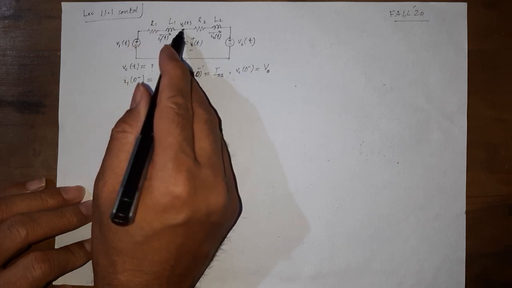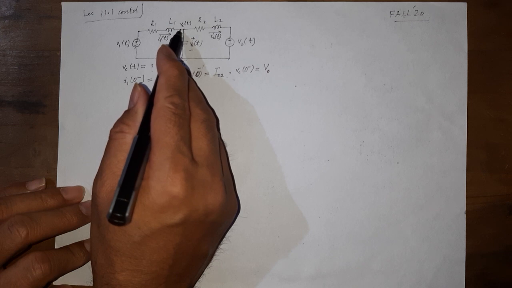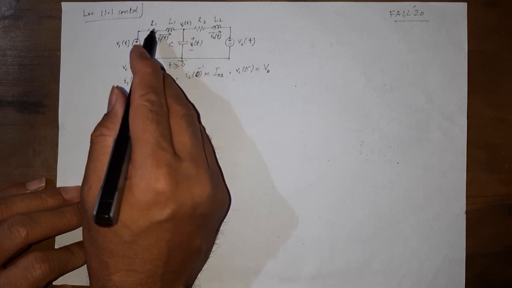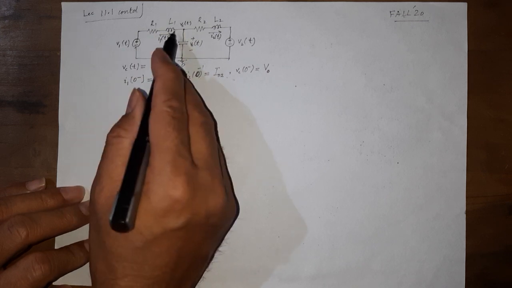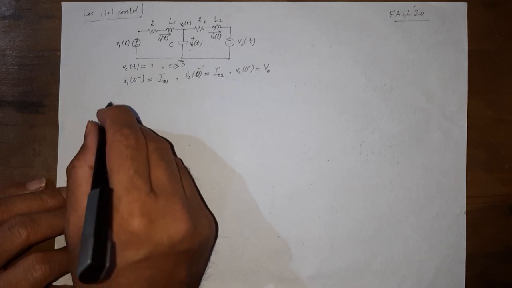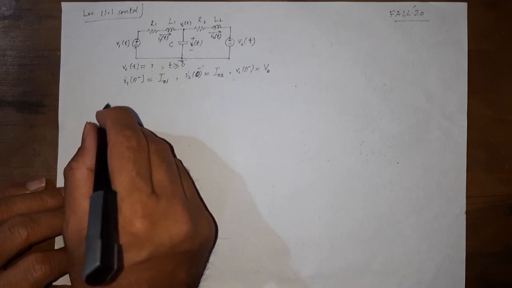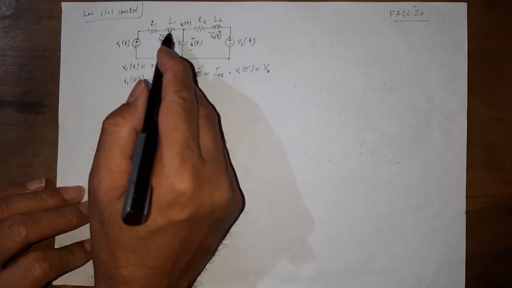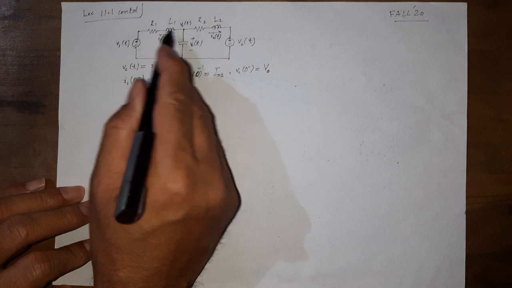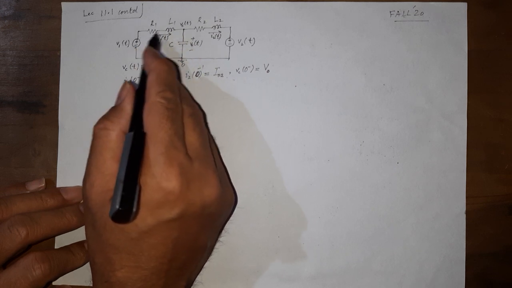So in writing for NVA, basically we are writing the expression for the outward current, and that expression is not very easy to write.